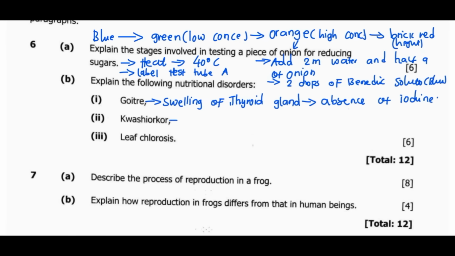Then if you look at kwashiorkor, it has to do with where the growth of a child is retarded. Retarded here, we are looking at where the processes that are responsible for growth are very slow.